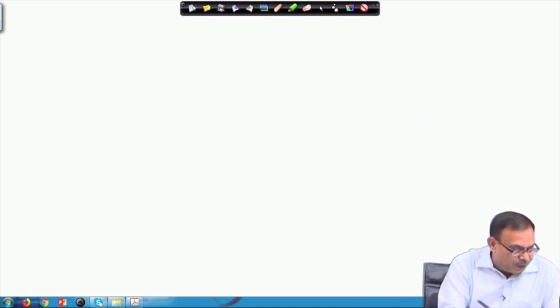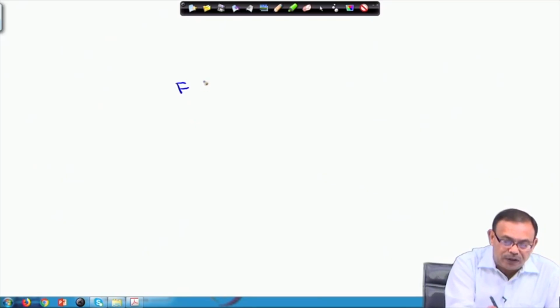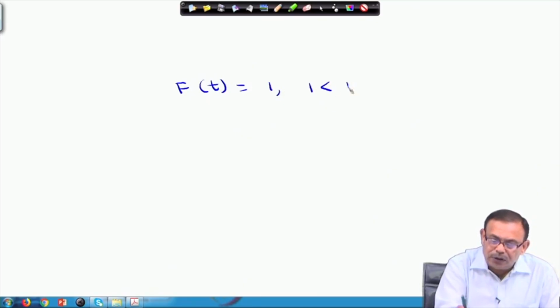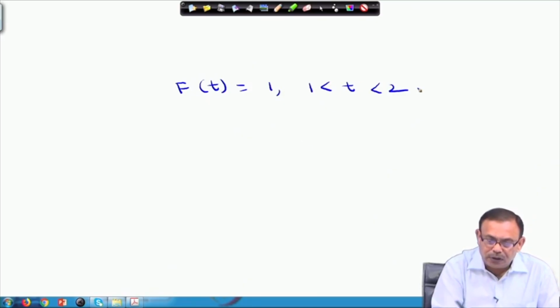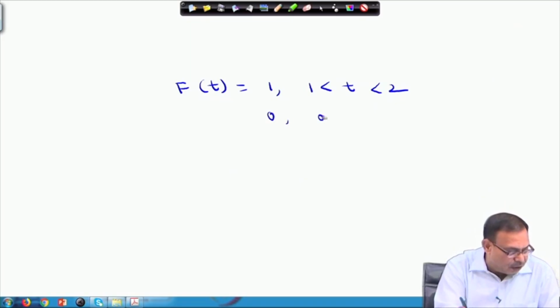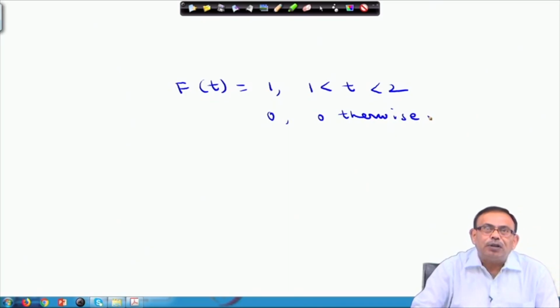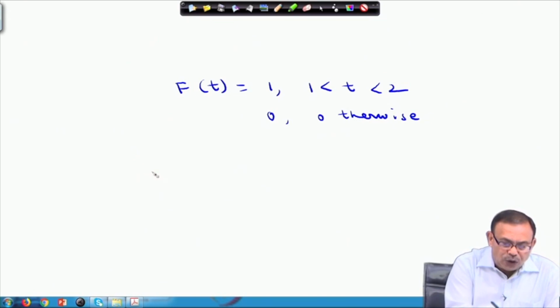Whereas, if you consider a function f(t) which is 1 when t lies between 1 and 2 and 0 otherwise, please see this function. For t less than 1, what will happen?